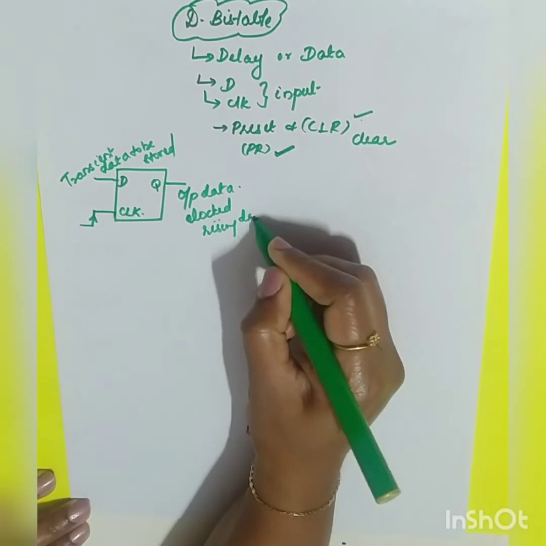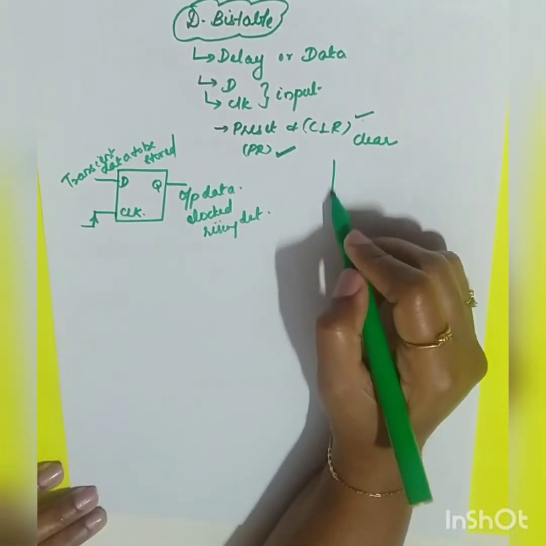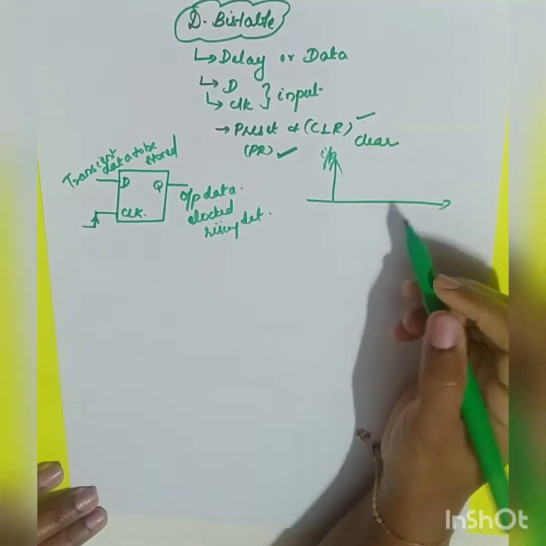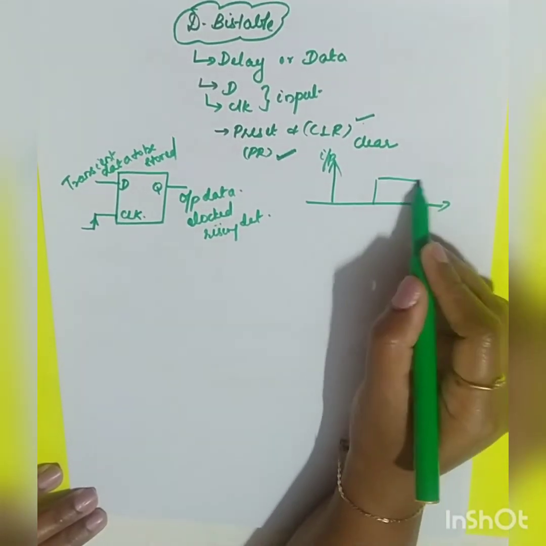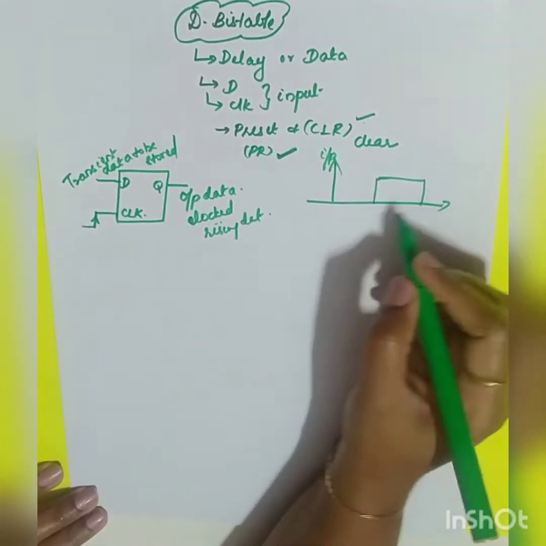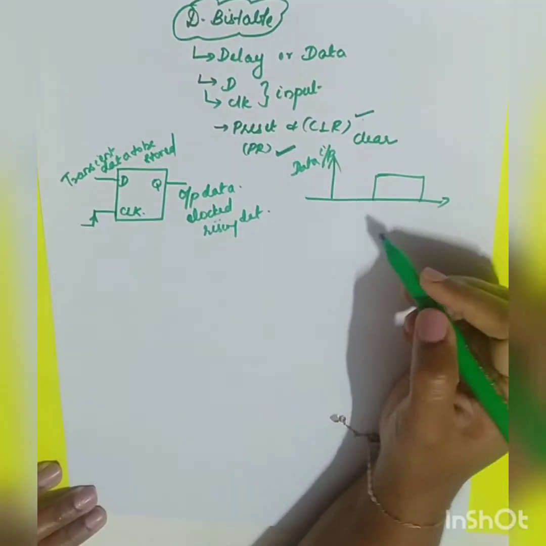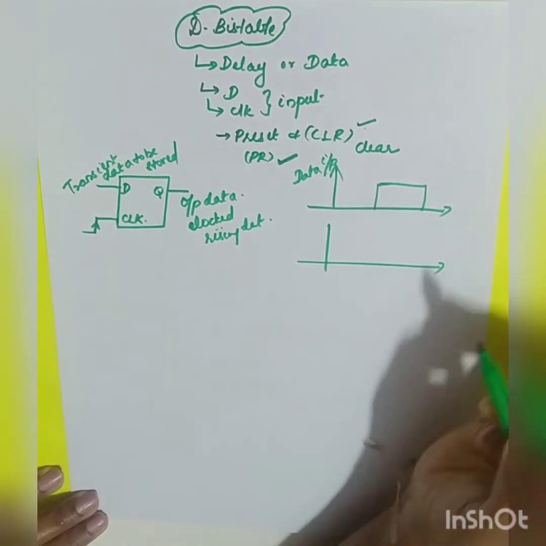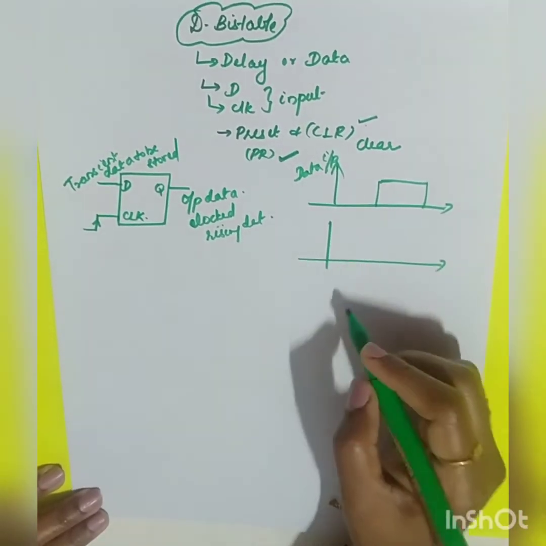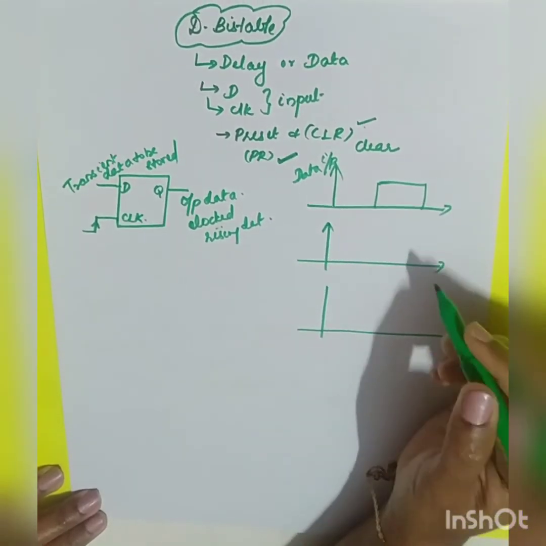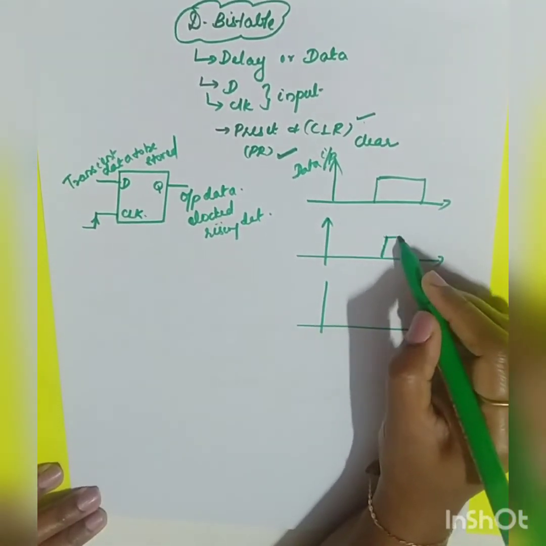Now if I show you by means of a timing diagram, if this is your input and you have this as your data, this will be your data input, or your D. The same data will be given to the output only when you have your clock pulse.